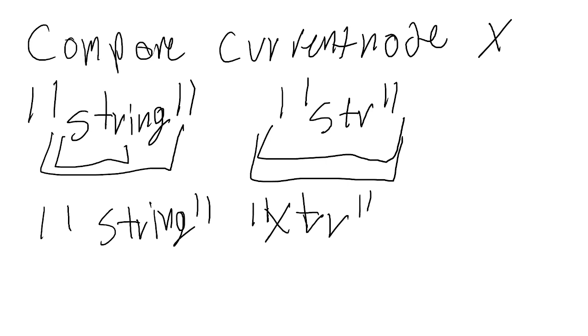What we know is that string is a node that has two children. Now, where do you think you can find X? Well, we know that X is bigger than S. So we're going to find it in the right node.